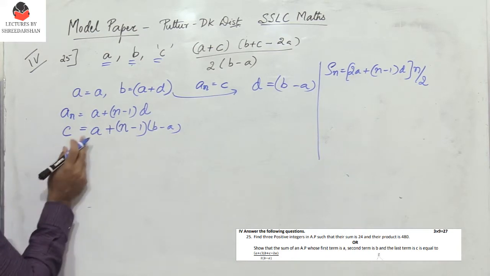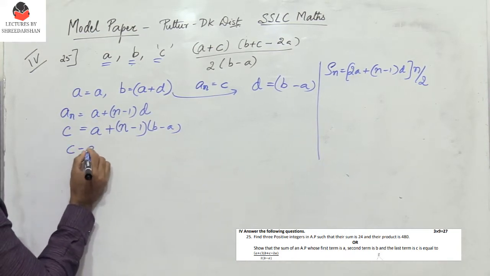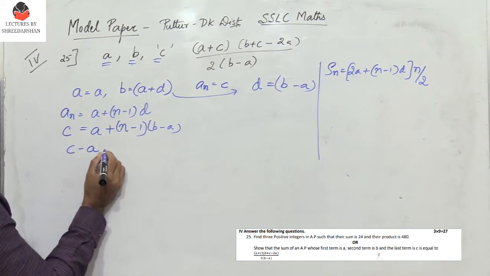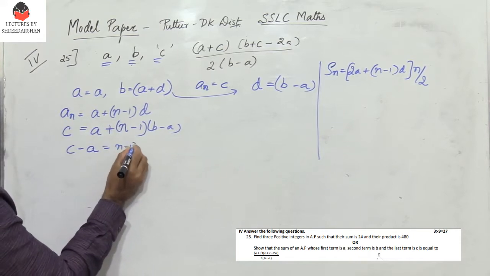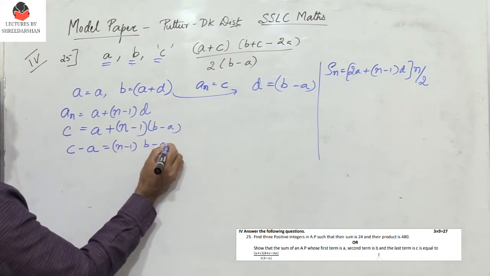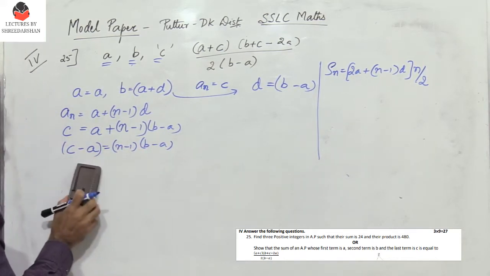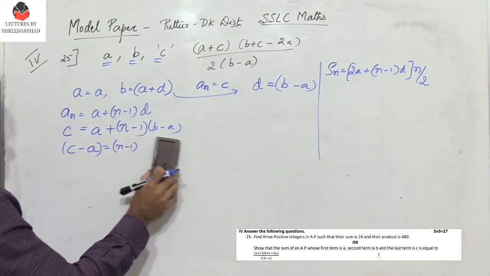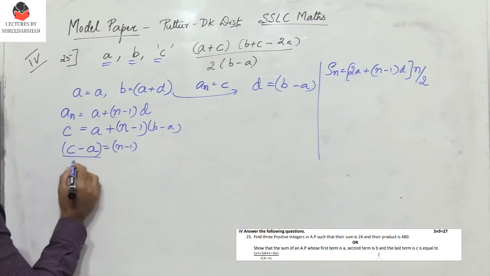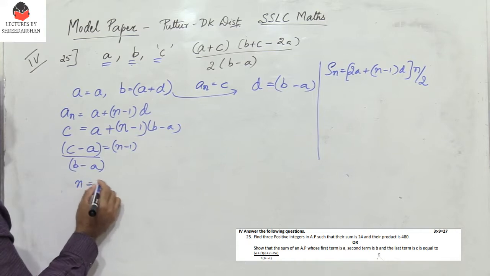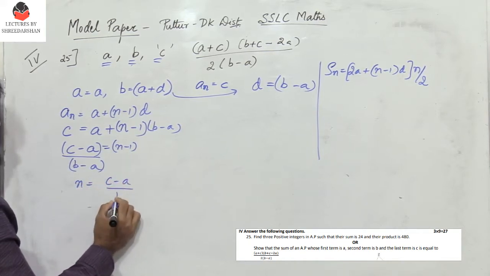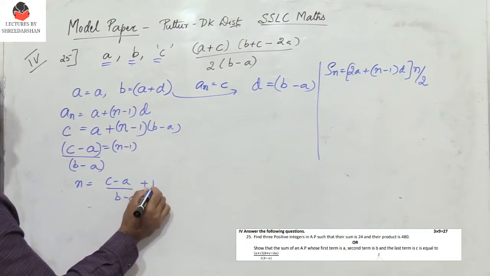So now let me take a to the other side. So I have c minus a equals n minus 1 into b minus a. So I can take b minus a to LHS, so this becomes divided by b minus a. Now what is n? n is c minus a divided by b minus a plus 1.